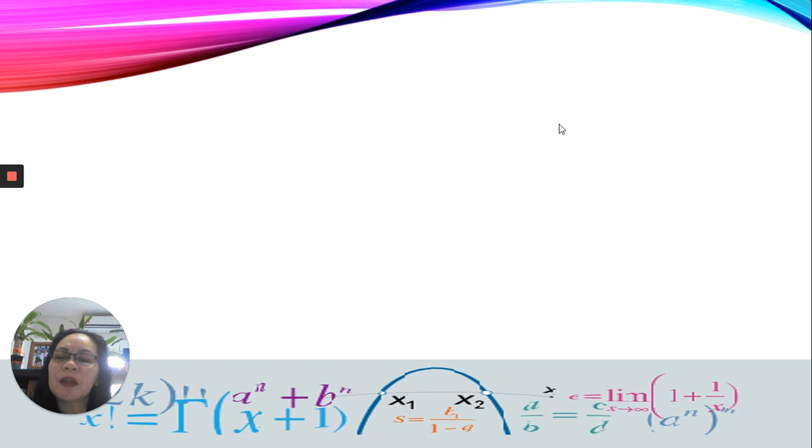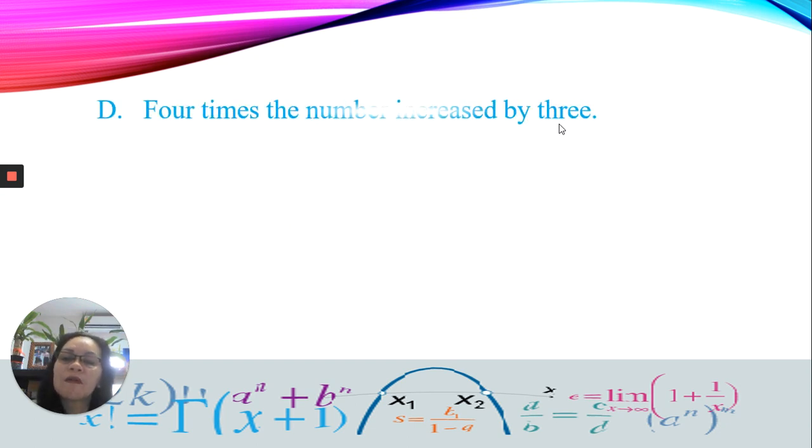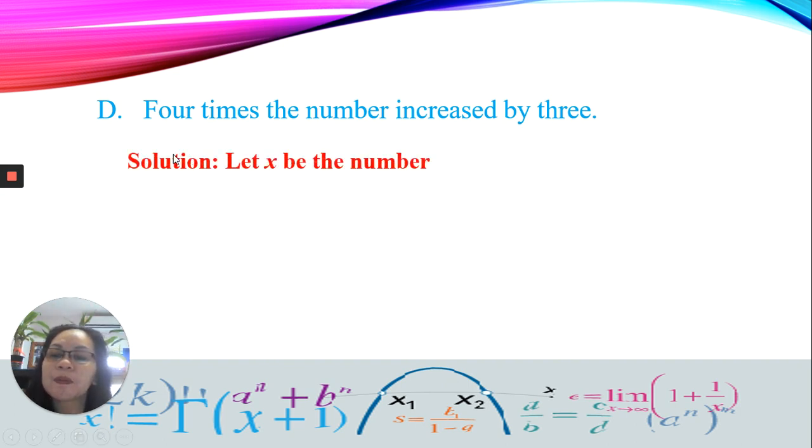Another example. You have 4 times the number increased by 3. Now, if you notice, you might say that, oh, they're just the same as the third example. But you have to be very careful here because in this example, you have 4 times the number. So we let x be the number increased by 3.